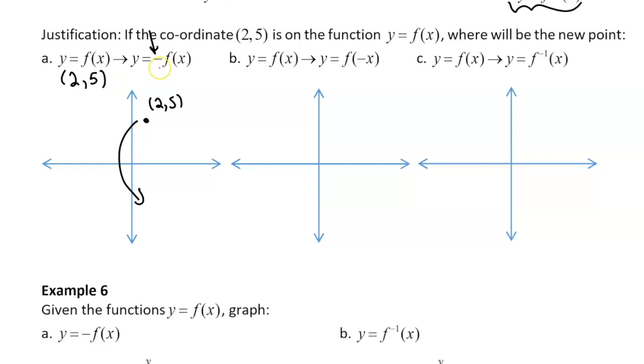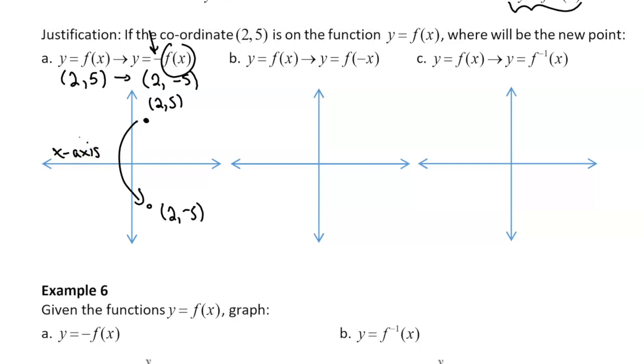Our y value, our function, is becoming negative. So the point 2, 5 now becomes the point 2, negative 5. That value is flipped over the x-axis, and that's why we have our x-axis reflection.